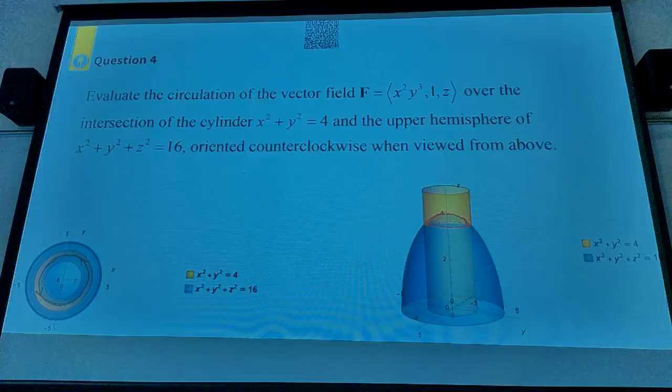No. It is 4. 16 cosine squared phi is equal to 12. Divide by 16. Cosine squared is 3/4. Cosine phi is root 3 over 2. Positive because we're dealing with the upper part.